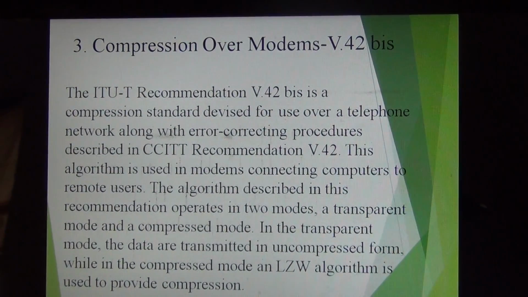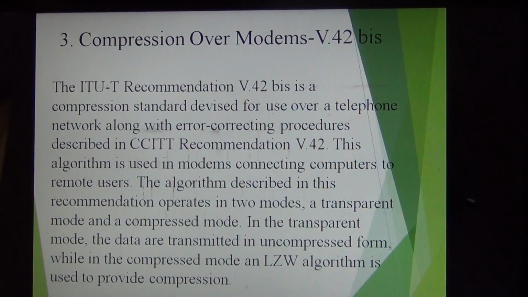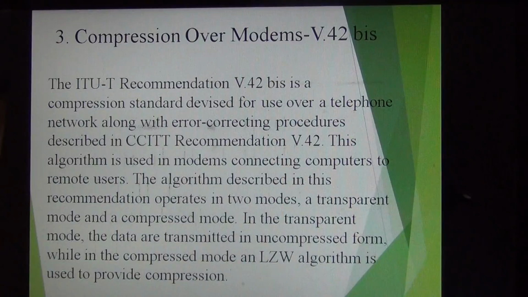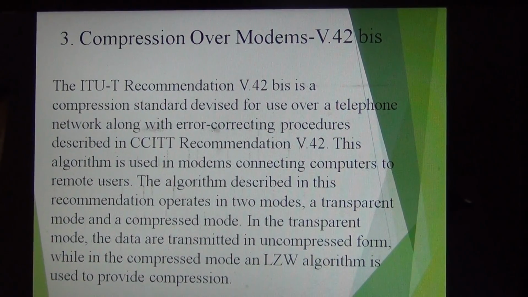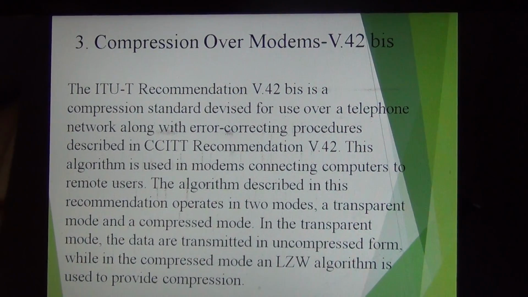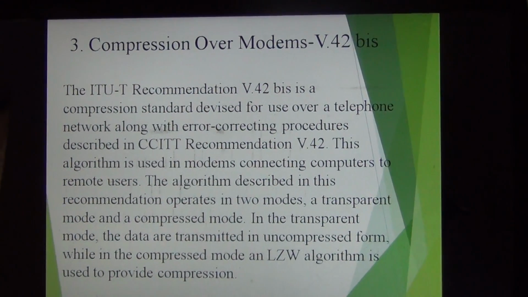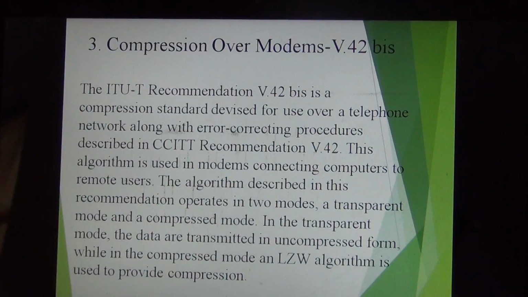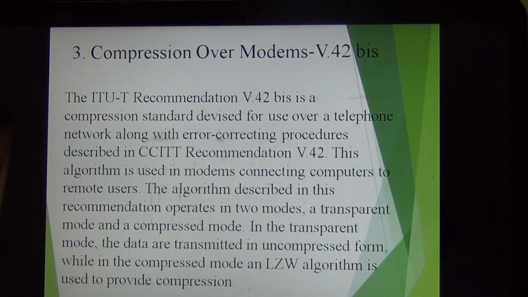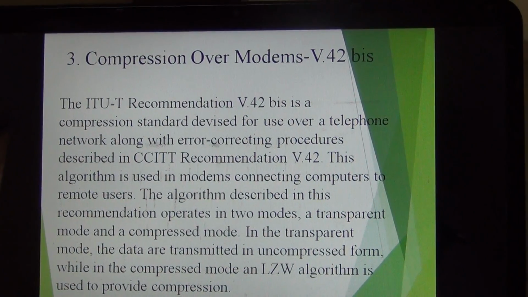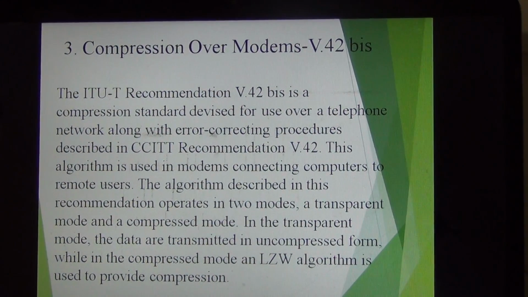The V.42 bis recommendation suggests periodic testing of the output of the compression algorithm to see if data expansion is taking place. The exact nature of the test is not specified in the recommendation. In the compressed mode, the system uses LZW compression with a variable size dictionary.